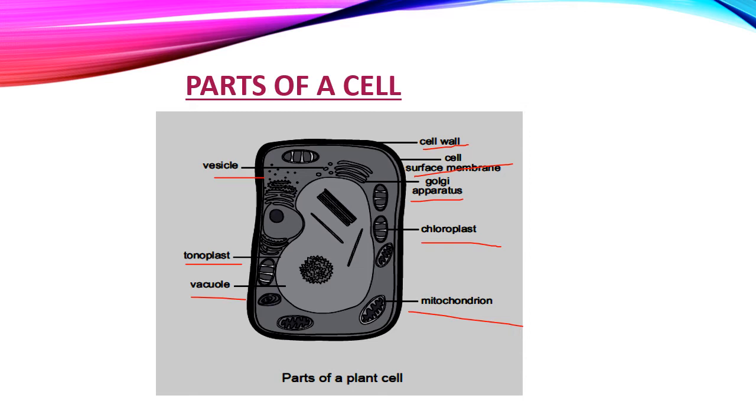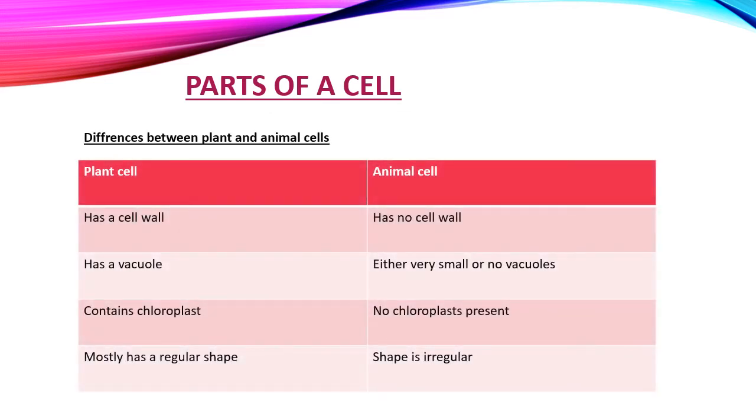Moving on to another subtitle: differences between plant and animal cells. A plant cell has a cell wall, whilst an animal cell does not.